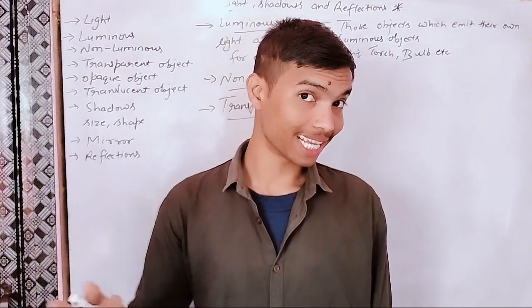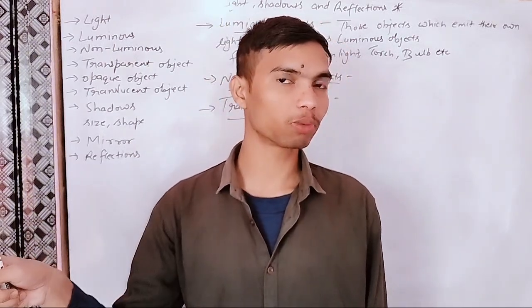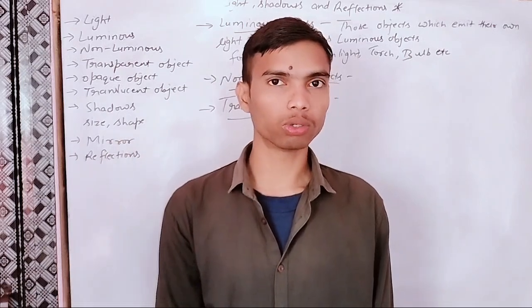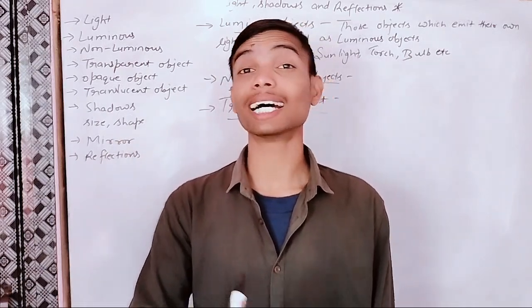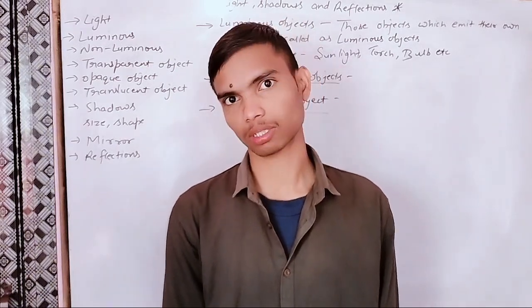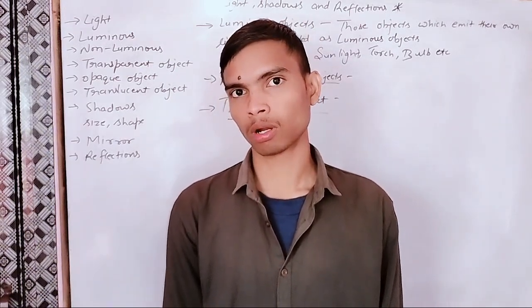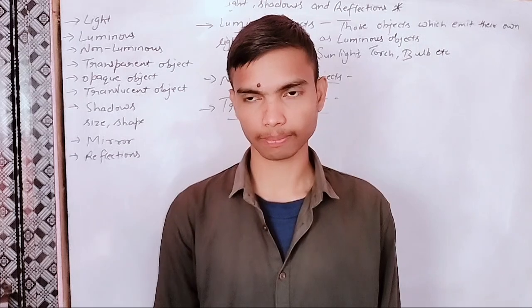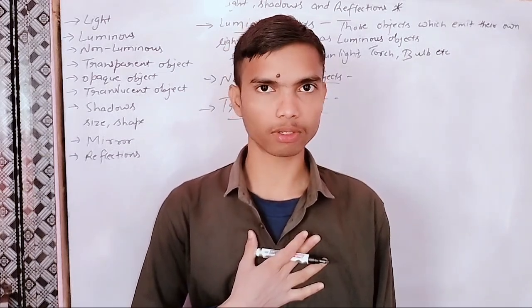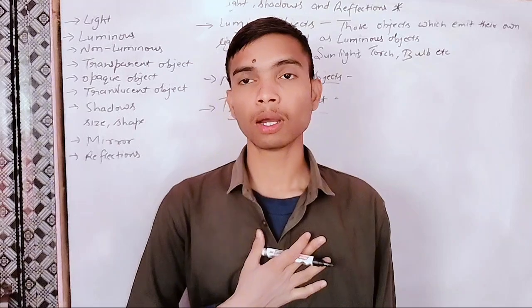So glass is an example of transparent object, and a glass window, glass door are examples of transparent object. So here, what is the meaning of transparent object?